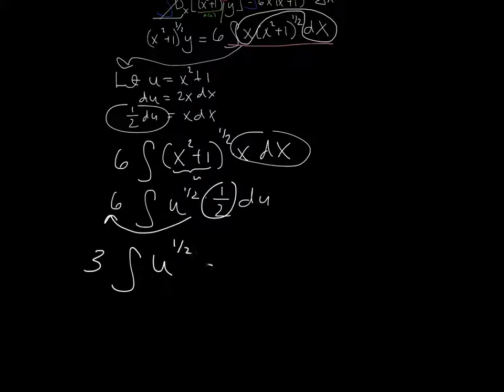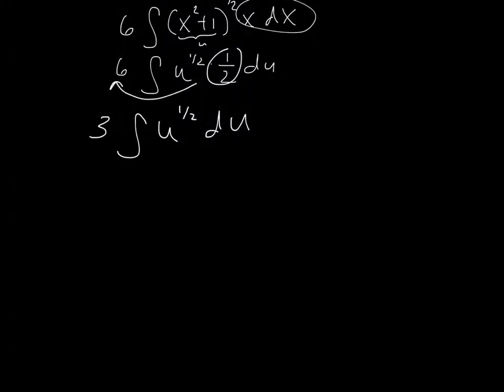And this looks very nice because we can integrate using the power rule. So we have 3 times u to the 1/2 plus 1, or 3/2, and I can divide by 3/2, plus c.